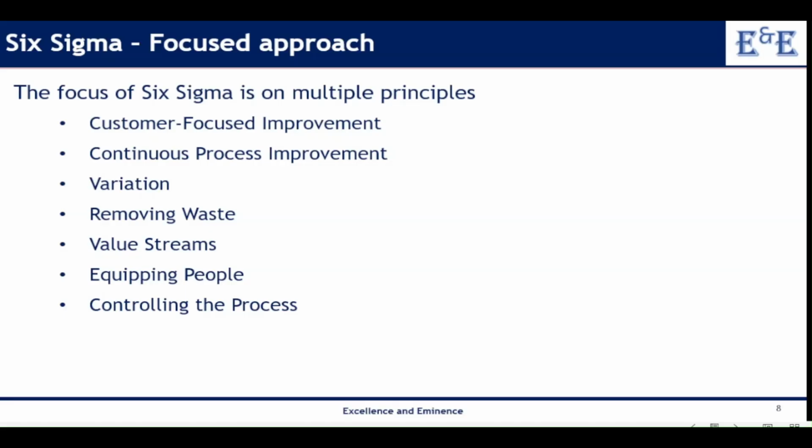Variation: let's say you are making a product and you have a tolerance. The first product goes within the tolerance, the second product goes within the tolerance, the third one goes within the tolerance, the fourth one is closer to the limit. So now what is happening is you are having a variation within your process. So you have to reduce the variation and bring it to the center.